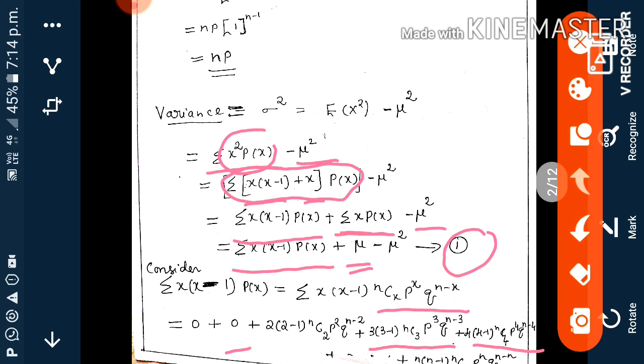Last term, when x equal to n, is n into (n minus 1), nCn p to the power n q to the power n minus n.